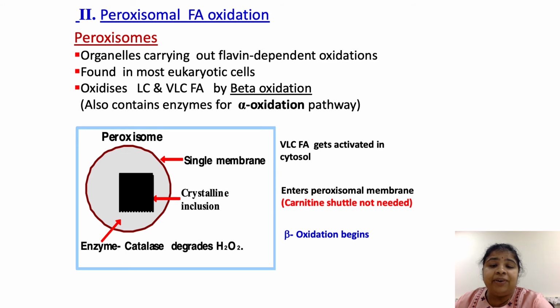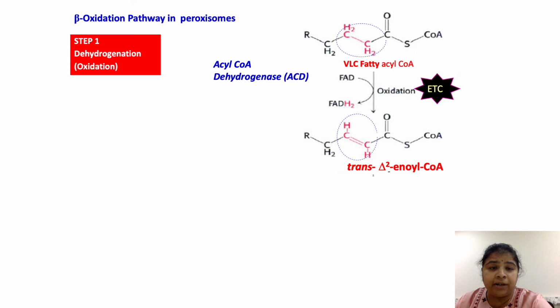So, what are the differences between beta oxidation in peroxisomes versus beta oxidation in mitochondria? In peroxisomes, the electron transport chain is not available. So, whatever FAD is getting reduced to FADH2 has to be reconverted back to FAD. It is not going to enter into the electron transport chain.